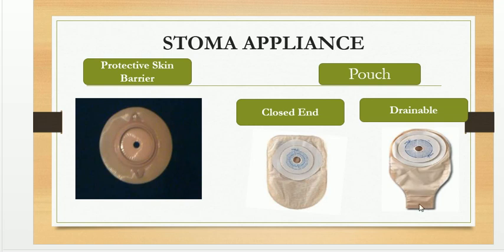Here we can empty the pouch, and here we apply a clip which can be removed. Then the bag can be emptied, and again a clip is applied. So stoma appliances are available. They are very good appliances, and they even protect from the smell. Nowadays, very good appliances are available.